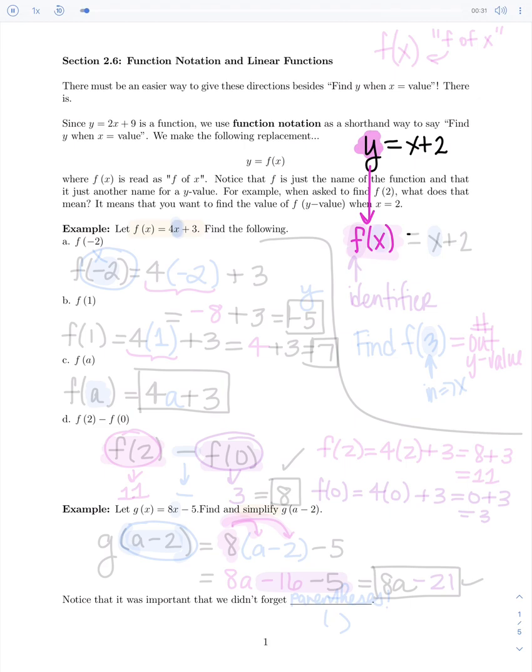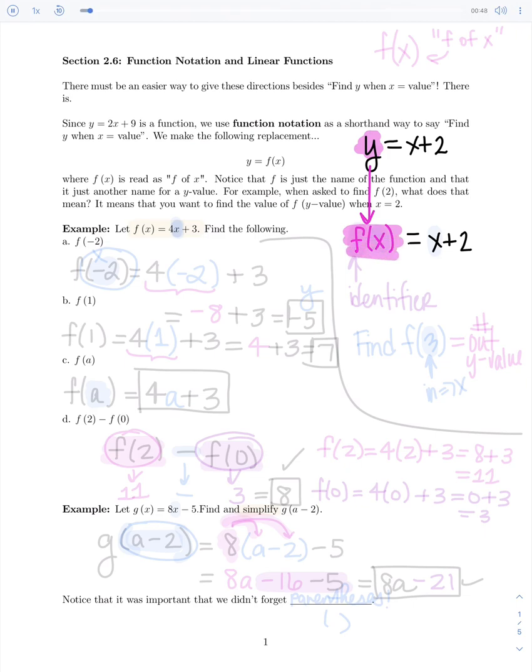Everything else, the x plus 2, will be the same, and it will mean exactly the same thing. We're just swapping the y for this new f of x.